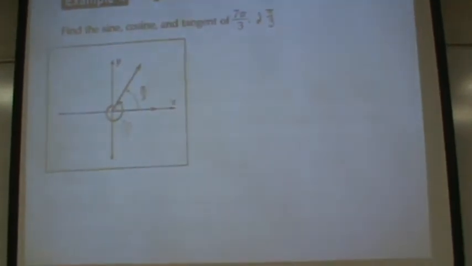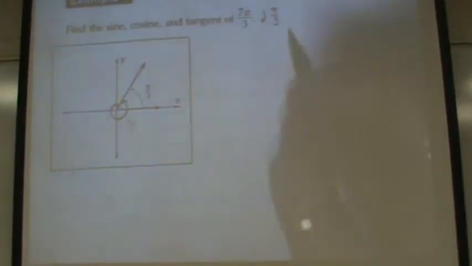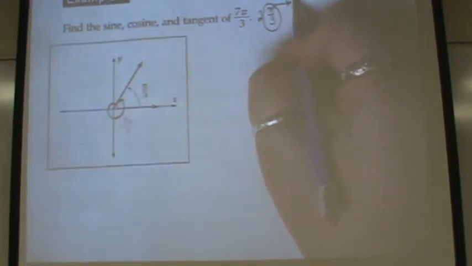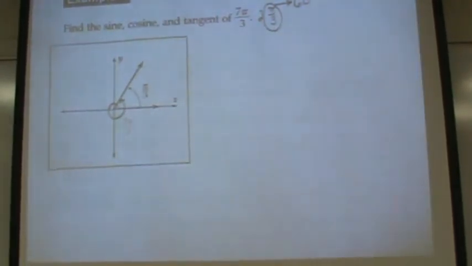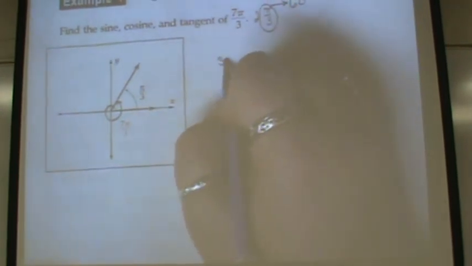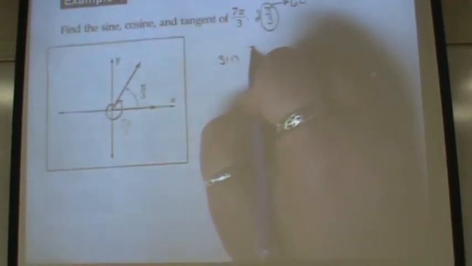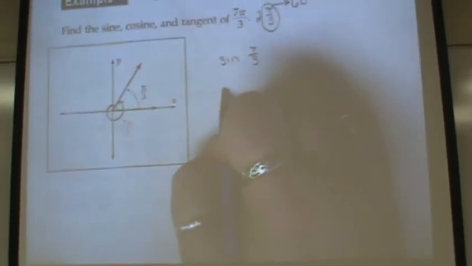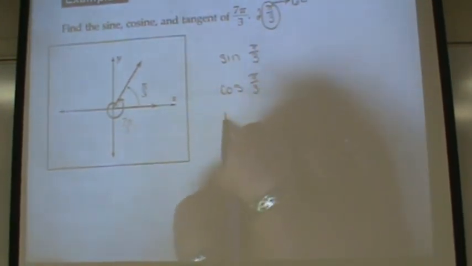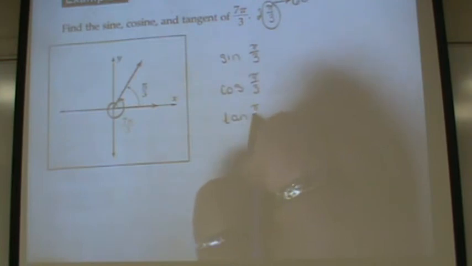And pi over 3 again was our 60-degree angle. So this part is a 60-degree angle. So we just need to find sine of pi over 3, cosine of pi over 3, and tangent of pi over 3.